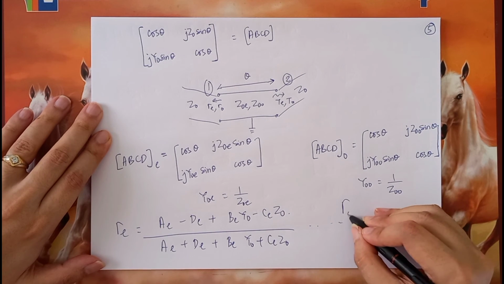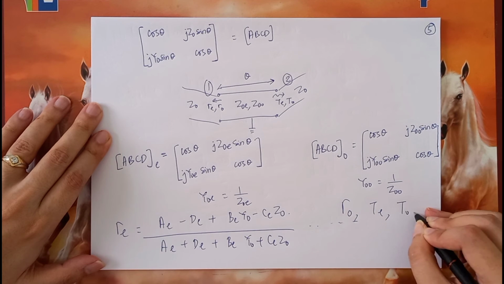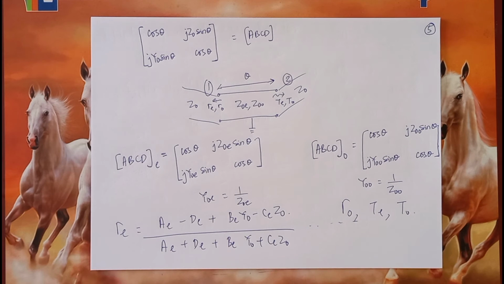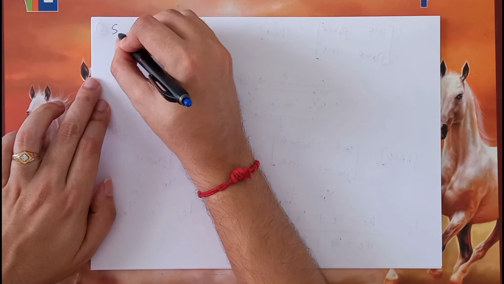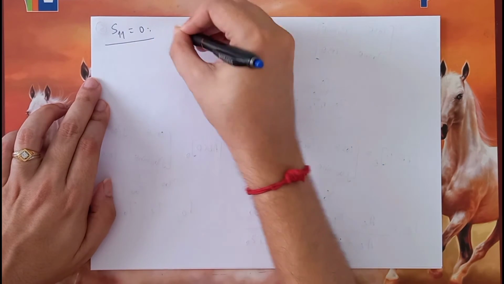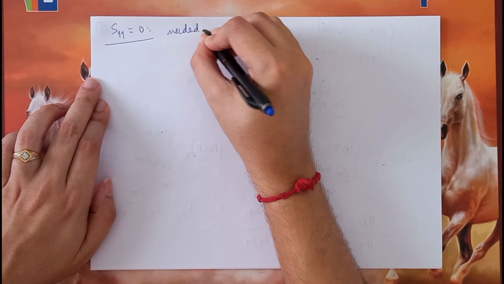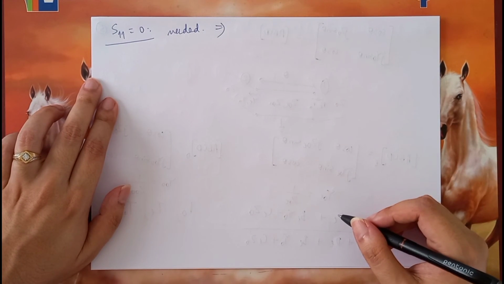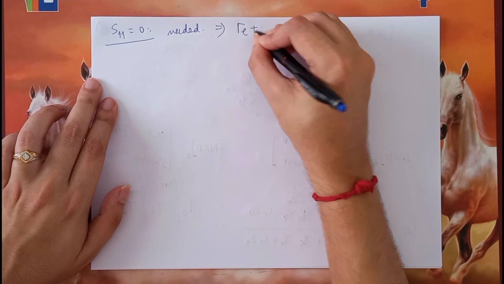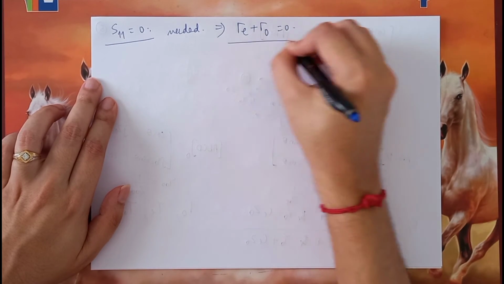Like this you can get gamma O, TE and TO. You can write this yourself. What we need essentially is, let us apply the first requirement of getting S11 equal to 0. And we had derived that for this to work out, gamma E plus gamma O must be equal to 0.